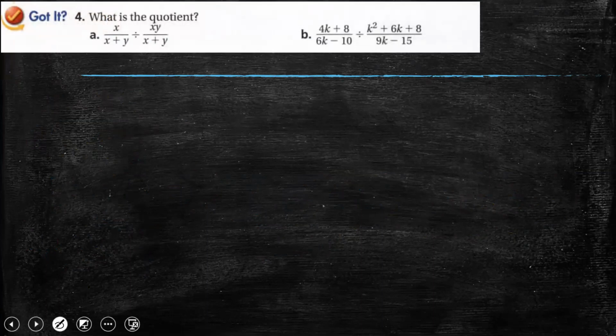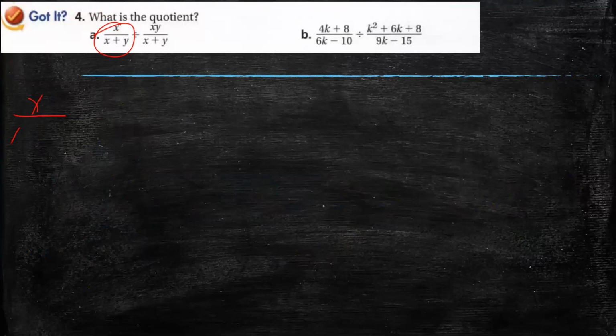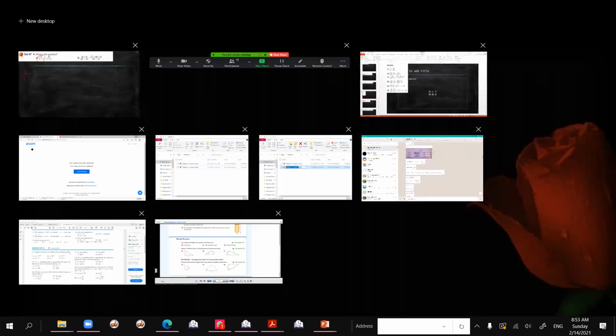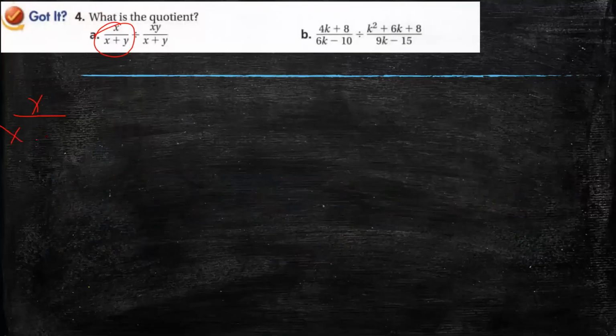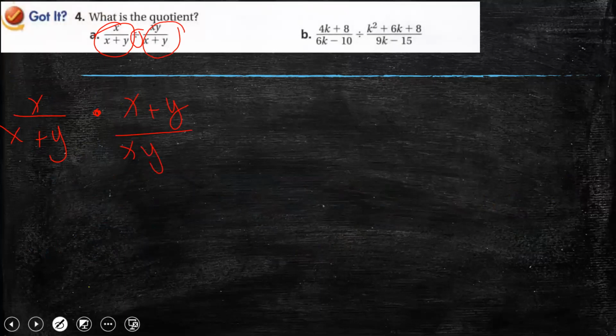Here, the first step: write the first one as it is, then change the division to multiplication, and then write the reciprocal here as x plus y over xy. This is the first step.